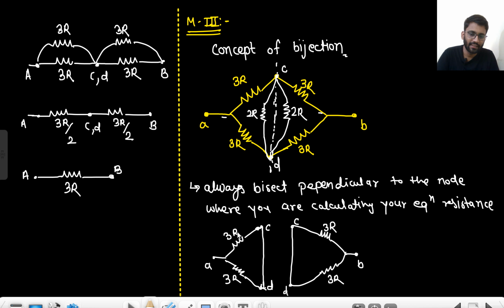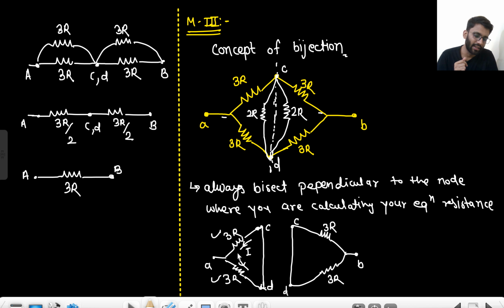Now you will not say that 3R and 3R are parallel to this short circuit. Are they parallel to the short circuit? We can't really say that, because these 3R and 3R are not in series. If current I is there, this A will also have some current, and this will have some different current. So this current I will not flow here.